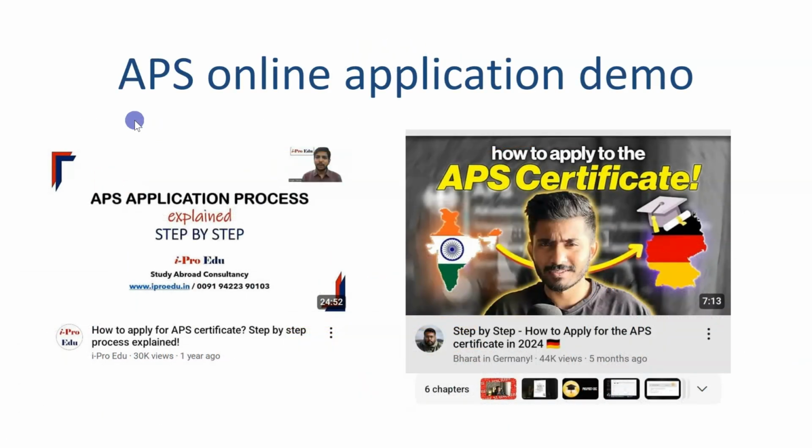To have a clear understanding of the procedure to apply for the APS certificate online, you can watch any of these two videos. They are good and they provide a good explanation in English. You can watch both of the videos if you want, and you can apply for the APS certificate online without committing any mistakes.